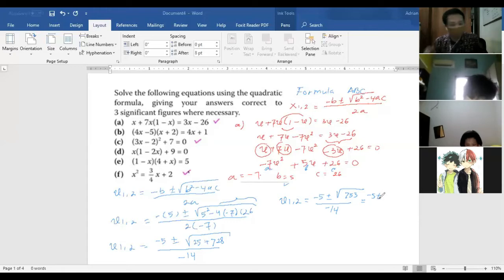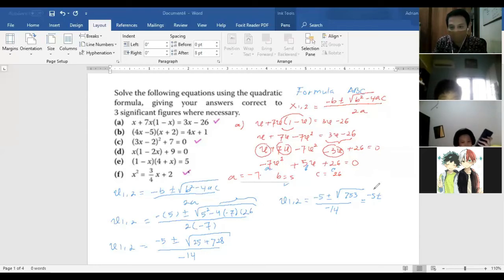Do you have a calculator? Can you help me, please? Root of 753. Kevin, how many is root of 753? 27.440, right? Okay, 27.440 divided by minus 14.